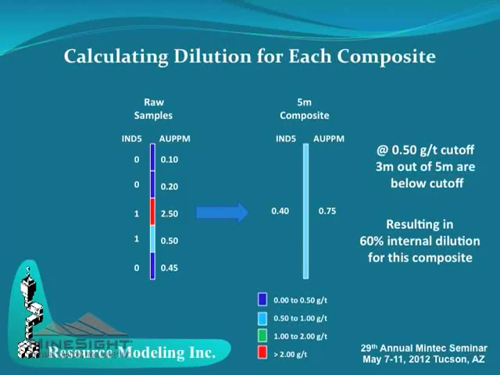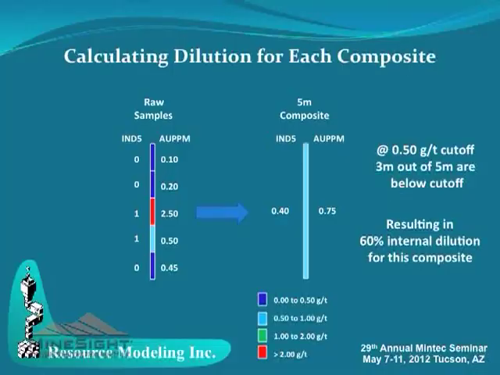And then we go ahead and assemble the statistics from each of those composite files. So here's a little illustration showing a drill hole with, in this case, we've got our 0, 1 binary indicators down the left side and gold grades down the right side. So in this little segment of drill hole, we've got two intervals that are above a half gram. So when we create a 5 meter long composite, those zeros and ones become 0.4 and the grades become 0.75.